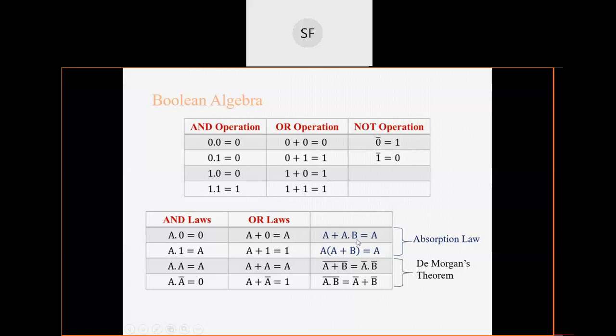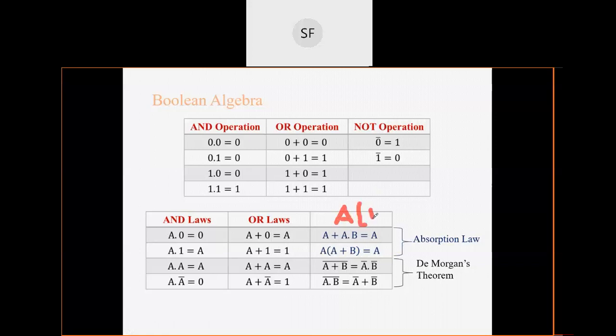Now, how will you prove this: A plus A dot B equals A? I will just let you know. I'm just taking A common. Now when A is taken as common, what will be here?